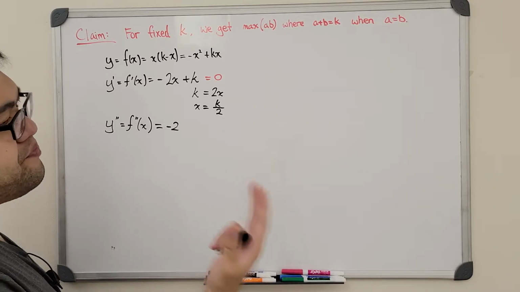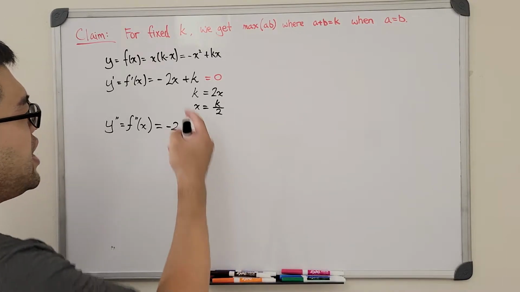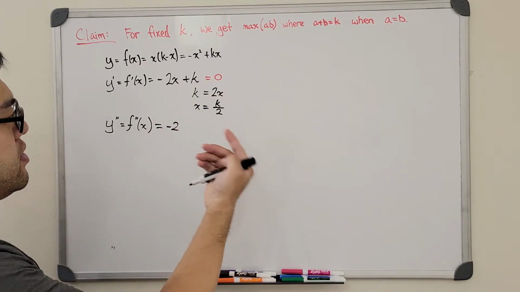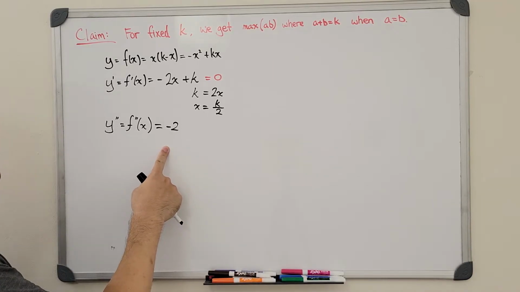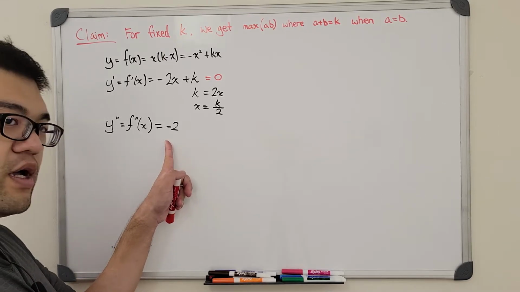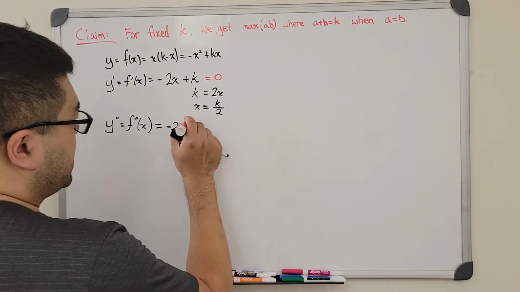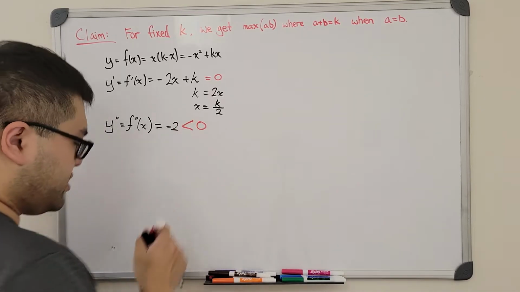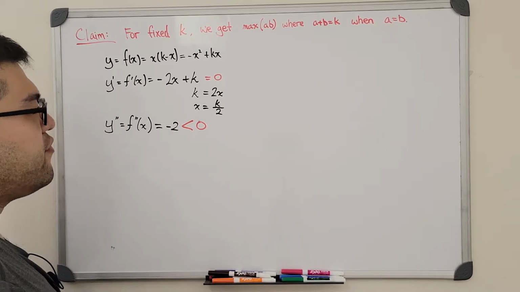And then it doesn't really matter what the rest would be, because we're now having 0 times something. So this would just give us 0. So it means that our second derivative is in fact a constant, negative 2. And clearly negative 2 is less than 0. What does that do to the graph?